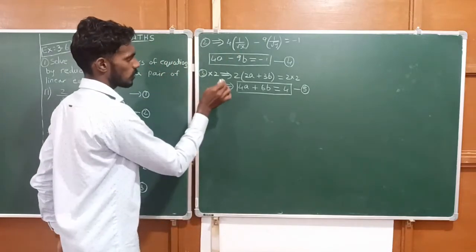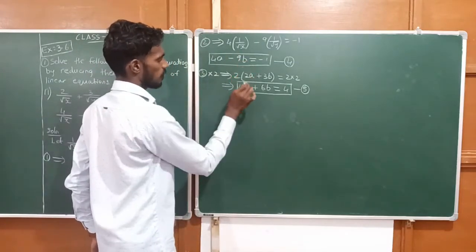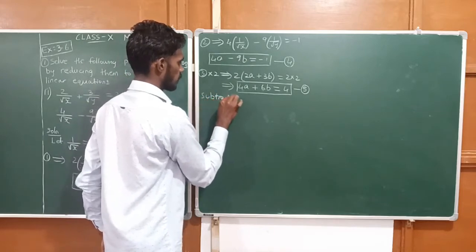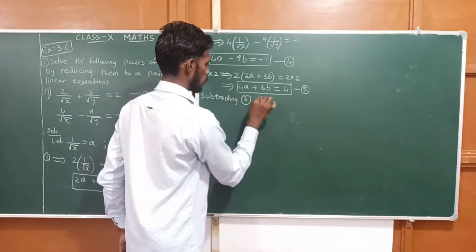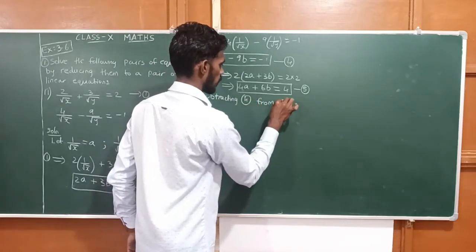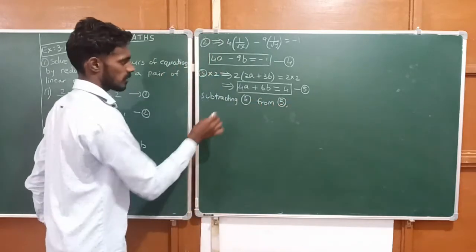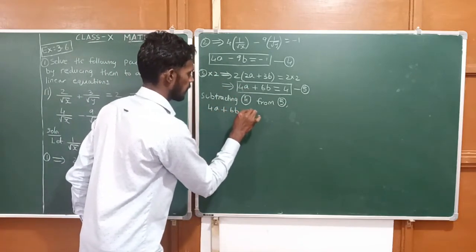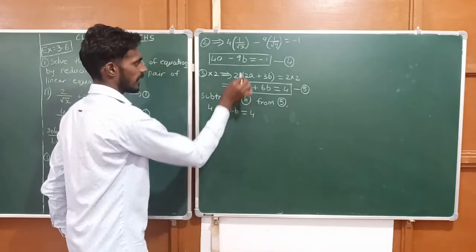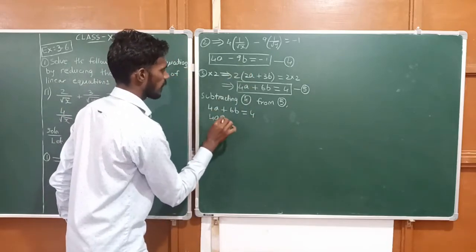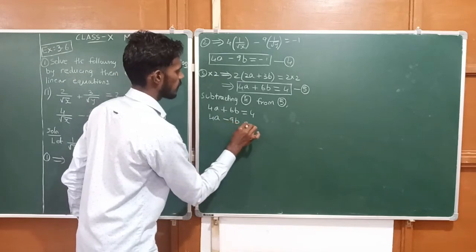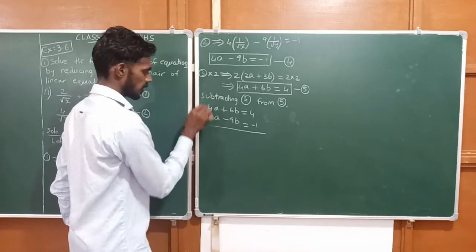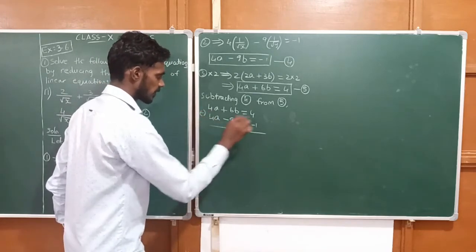Now I am going to subtract the equation 4 from 5. So first write the fifth equation, 4a plus 6b is equal to 4. Then write the fourth equation, 4a minus 9b is equal to minus 1. If I subtract these two equations, the signs of the second equation will be altered.